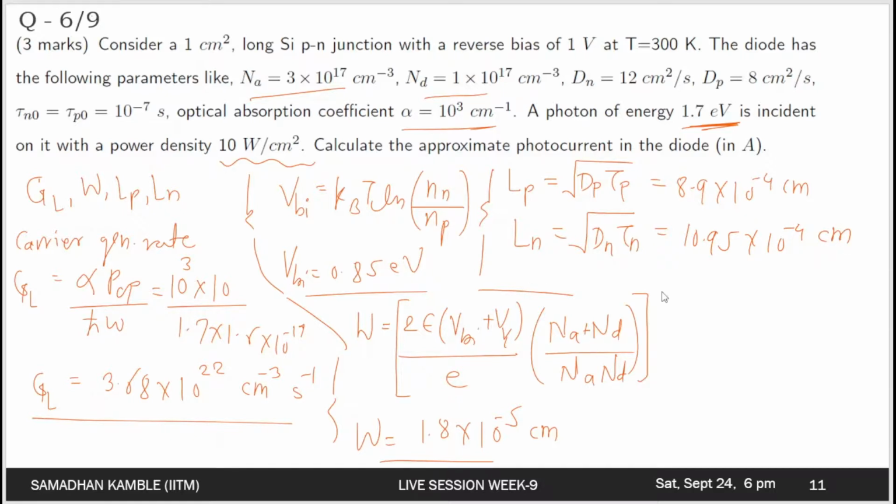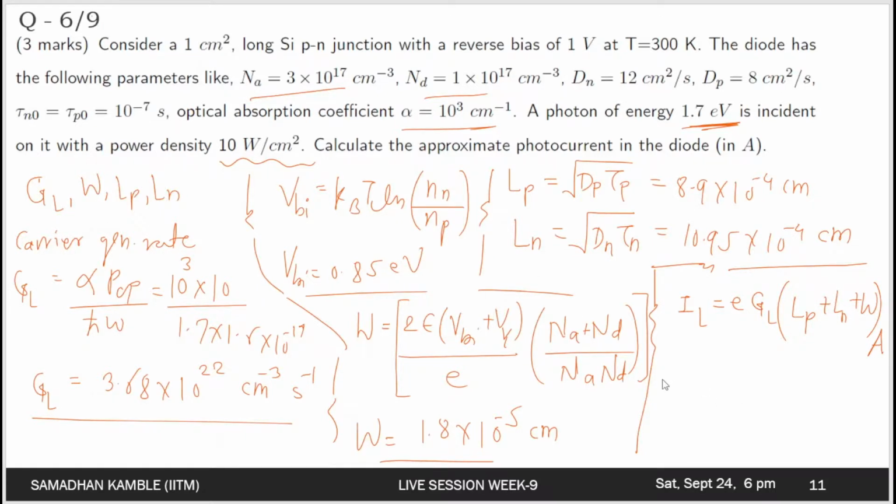Okay, so that was quite some calculations. So we have got all the parameters required based on the given inputs to determine the photocurrent. The photocurrent is given by IL, nothing but the electronic charge times the carrier generation rate times LP plus Ln plus W, which is the depletion width, times the area of the material.